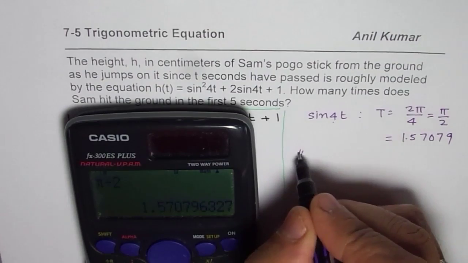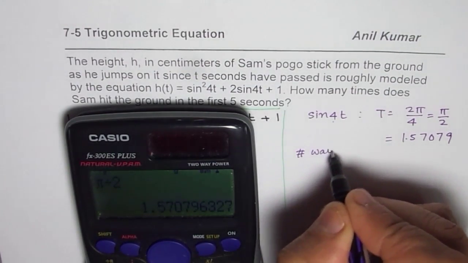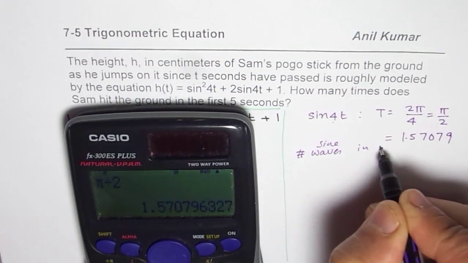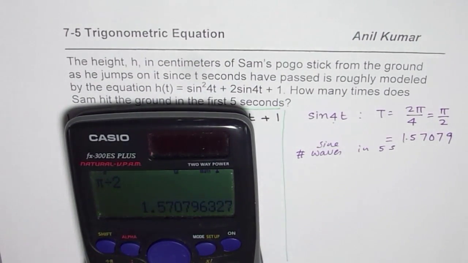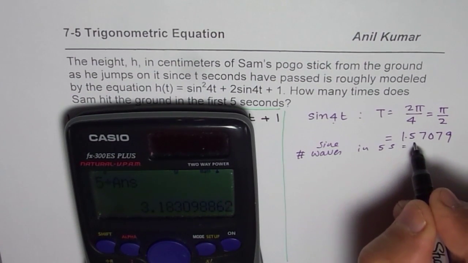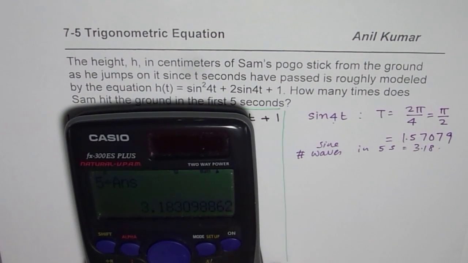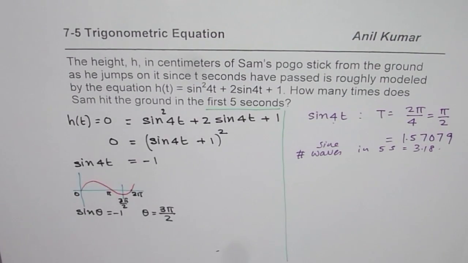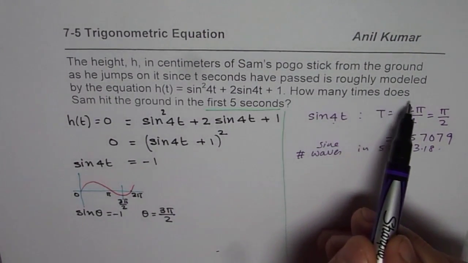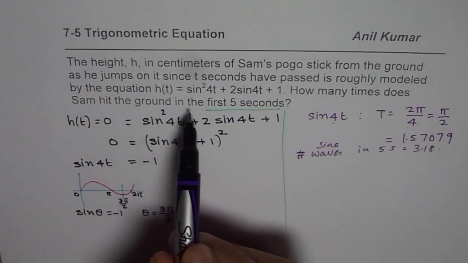We want to find the number of sine waves in 5 seconds, so we'll divide 5 by this number. 5 divided by the answer equals 3.18. So that means more than 3 waves, which means we'll have at least 3 answers for this. That is how many times Sam hits the ground in the first 5 seconds.